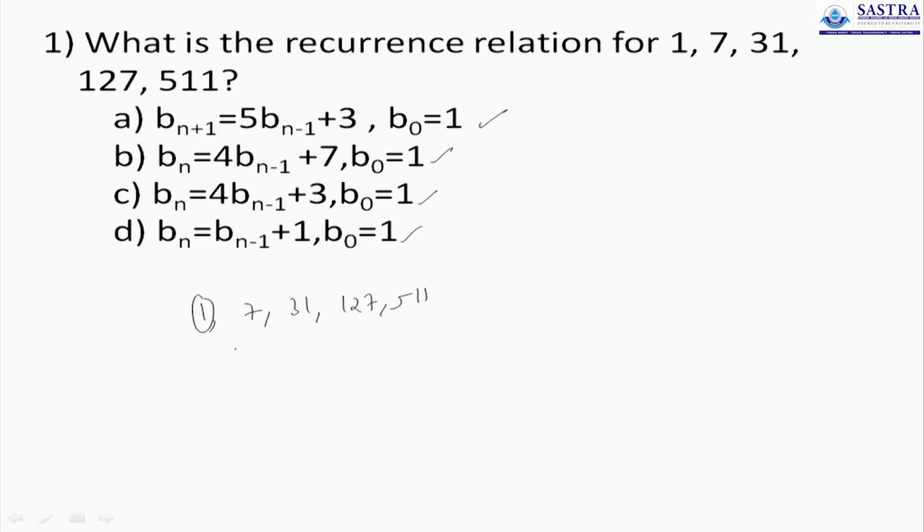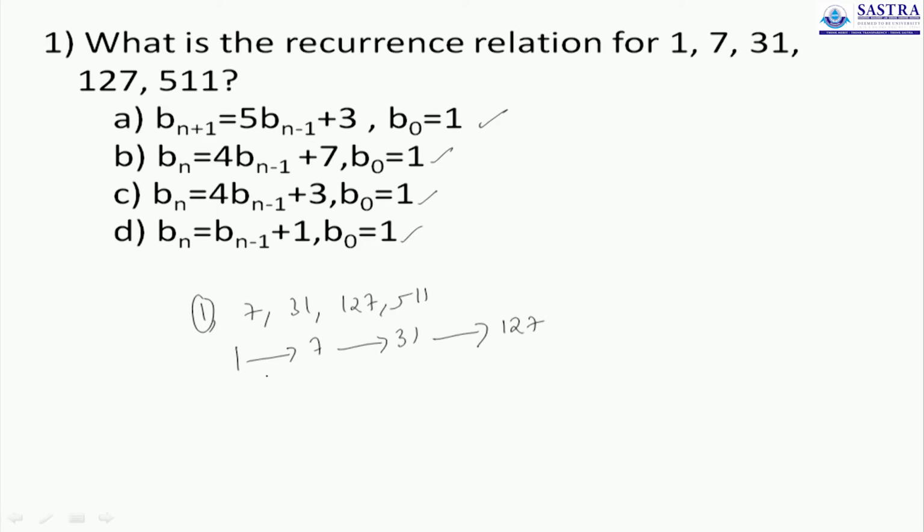So what happens here is 1 goes to 7, which is 1 times 7, or 1 times 6 plus 1, 1 times 5 plus 2, 1 times 4 plus 3, etc. And 7 goes to 31. The connection between 7 and 31 is 7 times 5 minus 4, or 7 times 4 plus 3. That might work. 31 goes to 127, and 127 is 31 times 4, which is 124, plus 3.